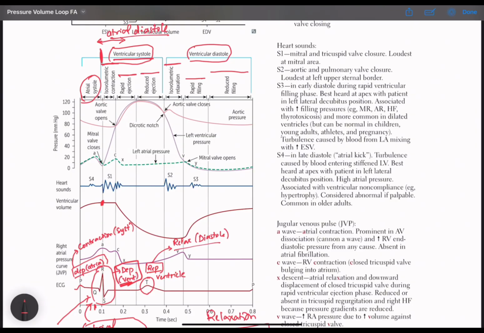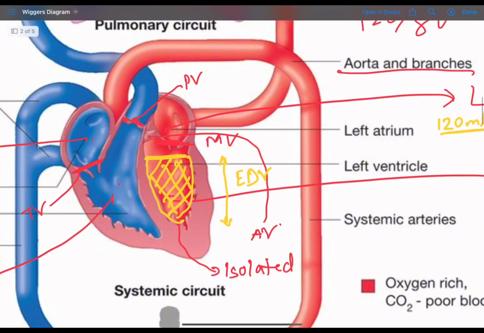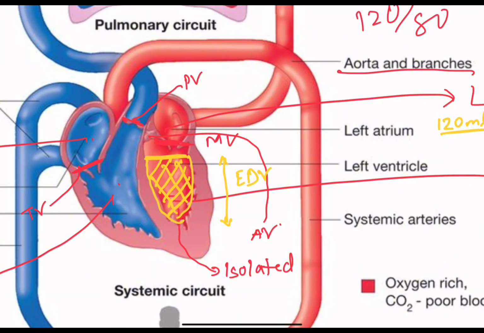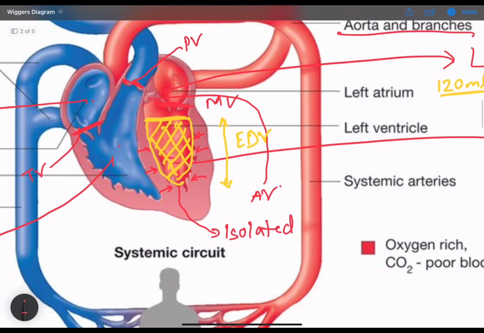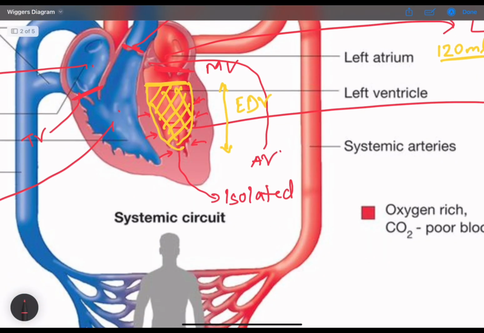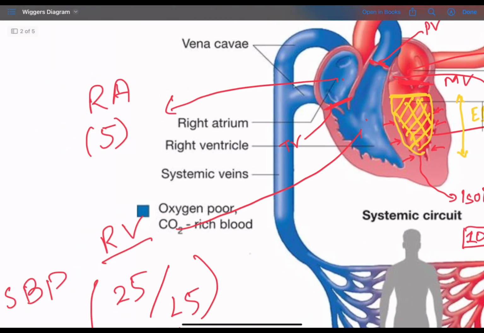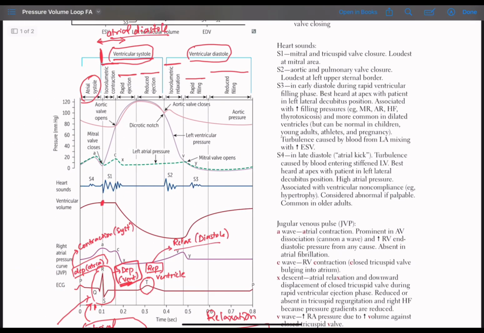So what will happen? The ventricle will start contracting. At this particular instant, before contraction, the pressure within the left ventricle was less than 12. Suppose we have a pressure of 10 mm of Hg.